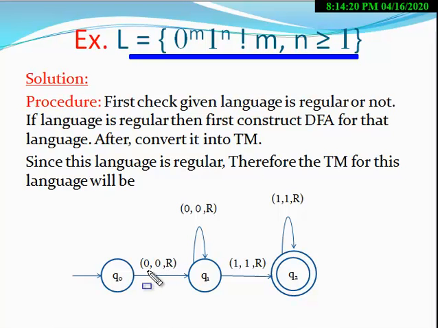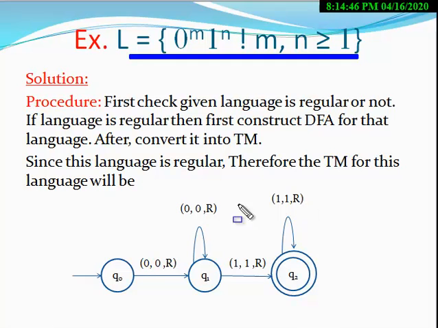So 0 becomes 0, and the direction will be R. The symbol which appears here you also put here, and here you put R. That is, the direction will always be R, right? So clearly in all these the direction is R.